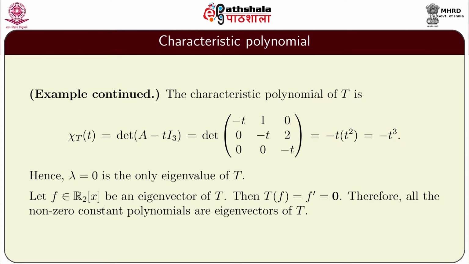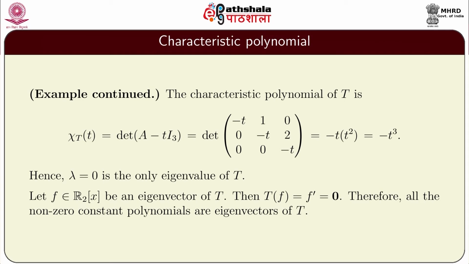Therefore, lambda equal to 0 is the only eigenvalue of T. So, we have a 3 cross 3 matrix with only one distinct eigenvalue, and that is 0.